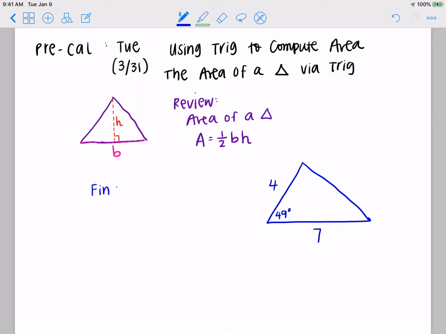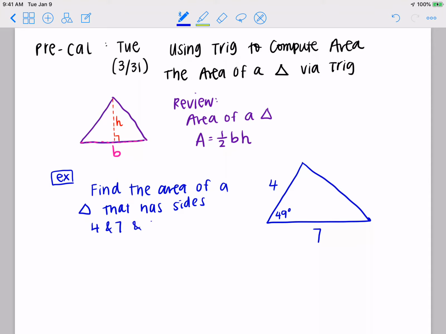So example-wise, the question can be: find the area of a triangle that has sides 4 and 7 and 49 degrees between those two sides.